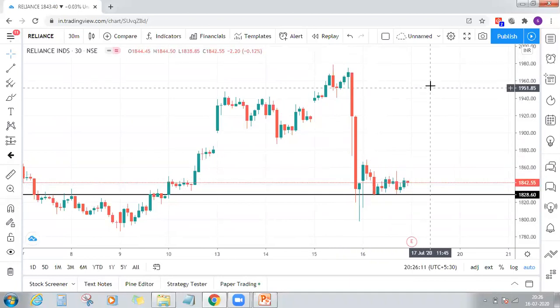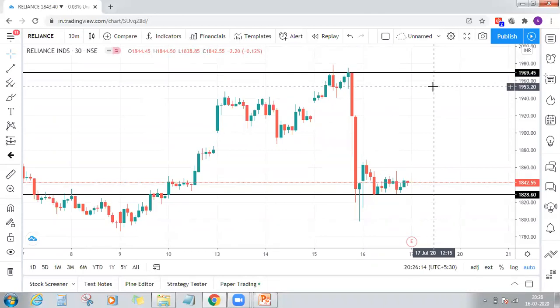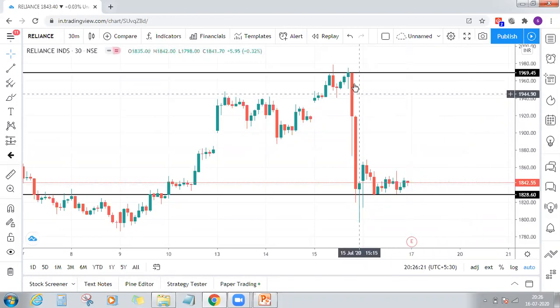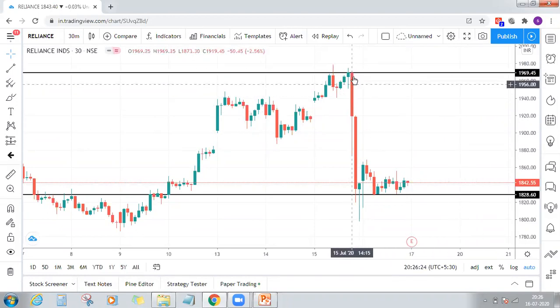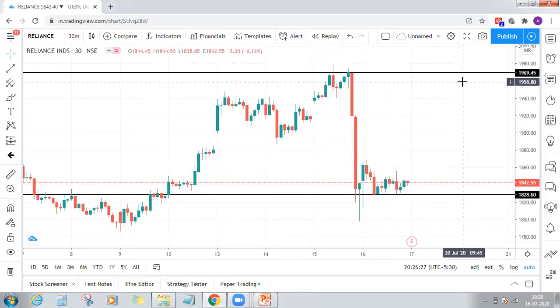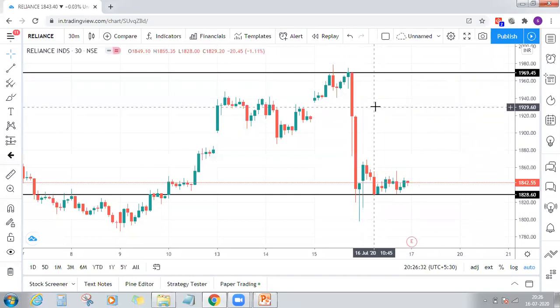When price comes to the same zone again, you have to mark a horizontal line here. When price comes to the same zone again, 1970, it will fall down very strongly once again, because those people who initiated their shorts here find it as one more chance to go short on that particular stock.